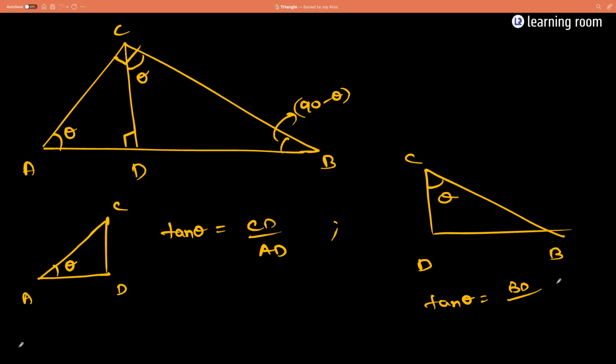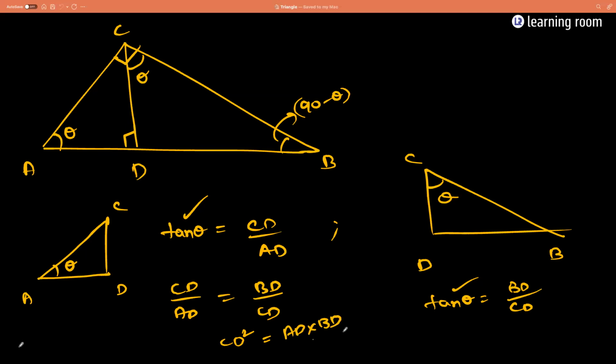BD by CD. So CD by AD is equal to BD by CD, cross multiply. Are you getting the same answer? That's the advantage of trigonometry. But as I told you, since you are writing a subjective exam, if this question is asked, they're expecting the steps from you, so do not use this method.